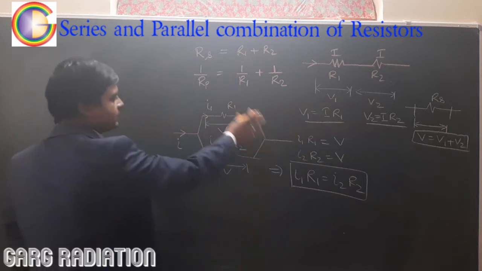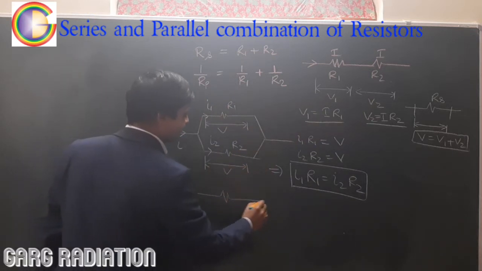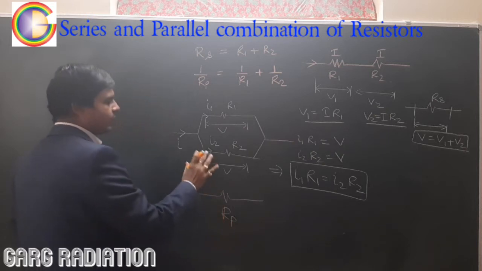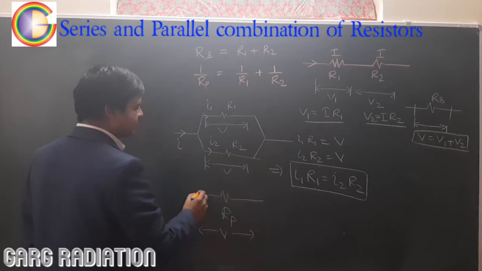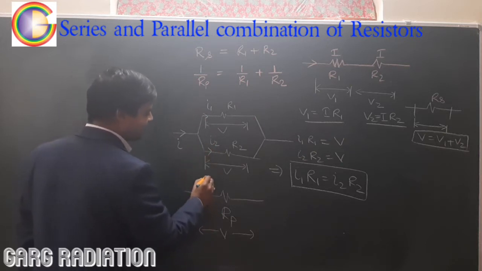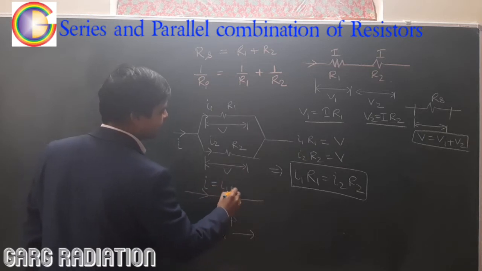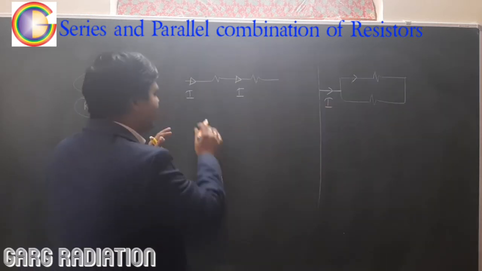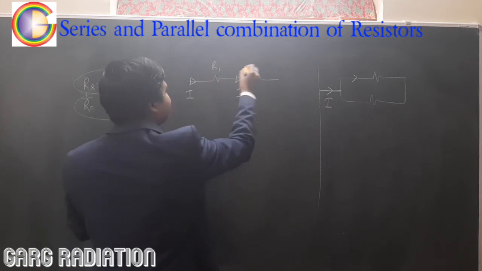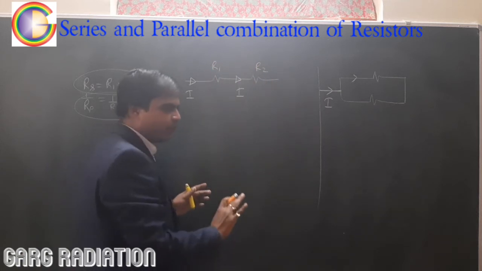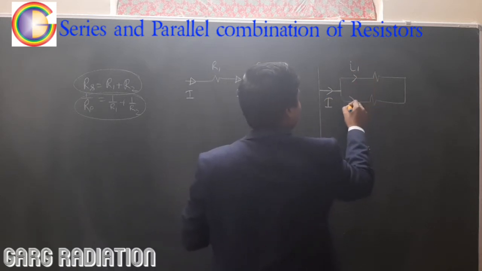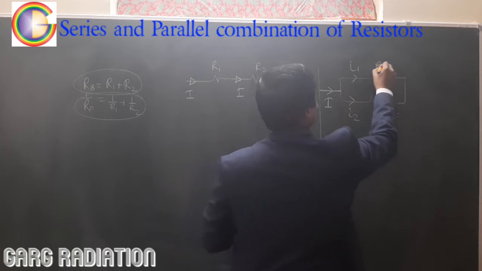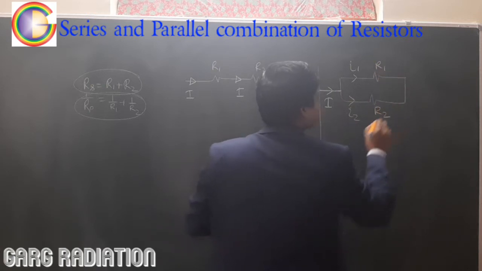Similarly, if the equivalent of the parallel pair is Rp, the potential difference will remain the same for all of these. What will change? The current through Rp will be the sum of the two currents, I equals I1 plus I2. So if we have two resistances in series, R1 and R2, the current does not get distributed. And in parallel, the current gets distributed as I1 and I2 through R1 and R2.